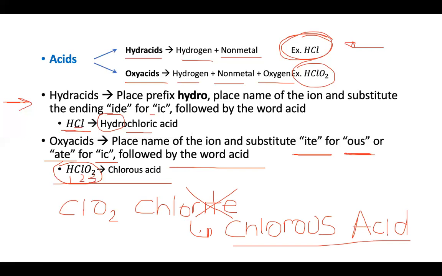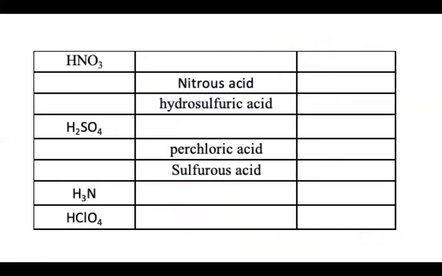Let's make some examples in order to see if we are understanding this or to practice a little bit more. Here we have the first one. We know that it's an acid because it starts with an H. Since we have three different elements, this is going to be a tertiary acid. What I have to do is look at the ending of NO3.